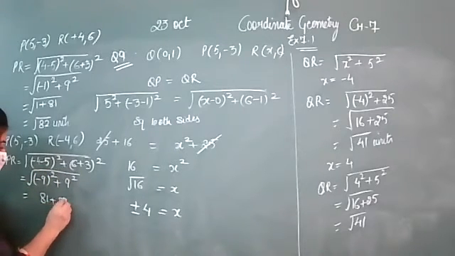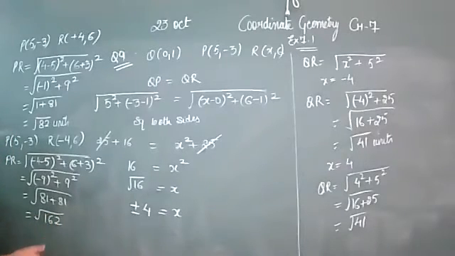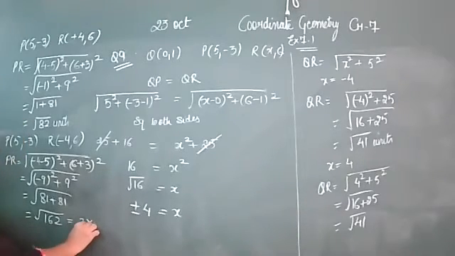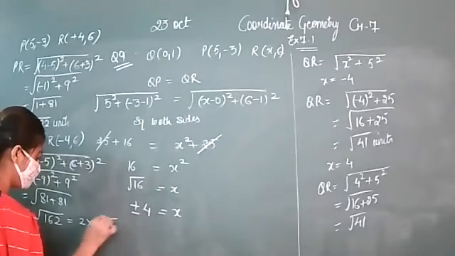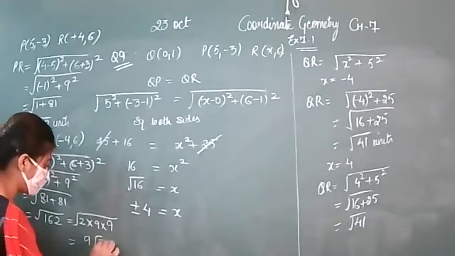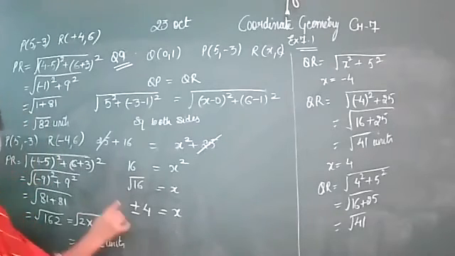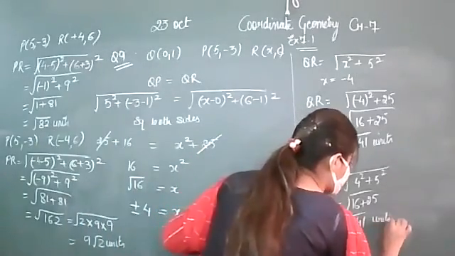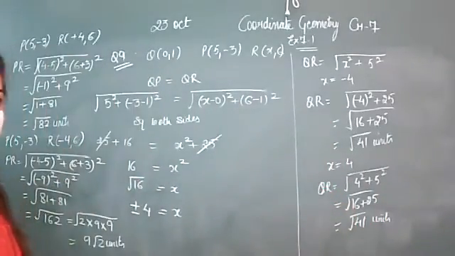This is your 81 plus 81, 162. Now, if you can get the factors of this, then you can make the factors and you can take out the term from this. Yes, hurry up, check it now. Yes, we can factorize it. 81, 9 into 9. This will give you 9 root 2 units. Any doubt, beta? Wherever you are finding the distance, you have to write units with it. Is it okay?